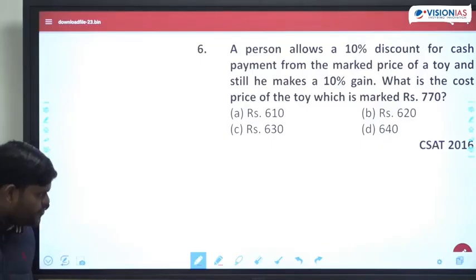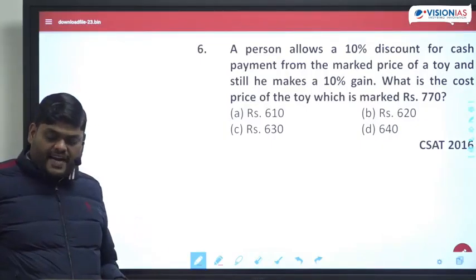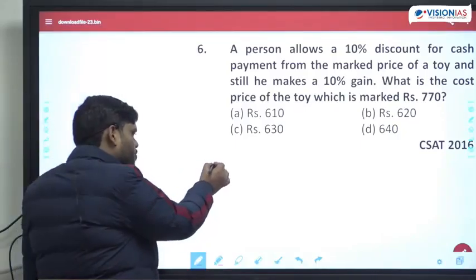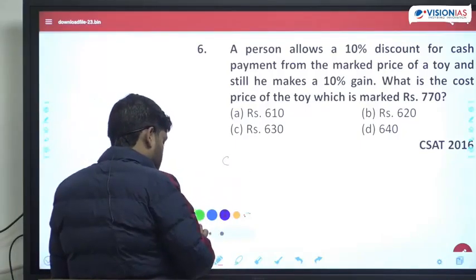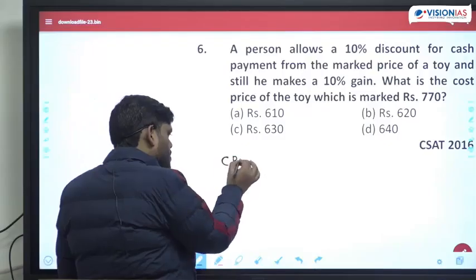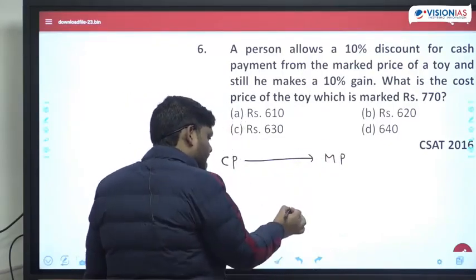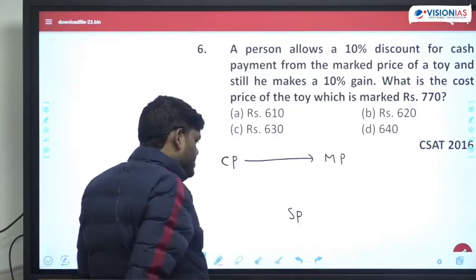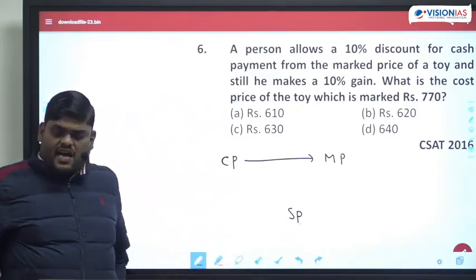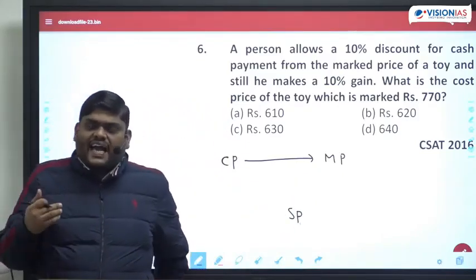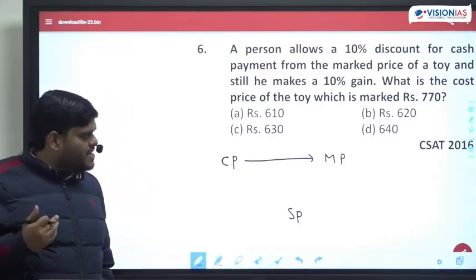Okay, if you remember the chart which I made in the previous class, CP is there, then MP is there, and then SP is there. ठीक है ना? ये हमने डिस्कस किया था.